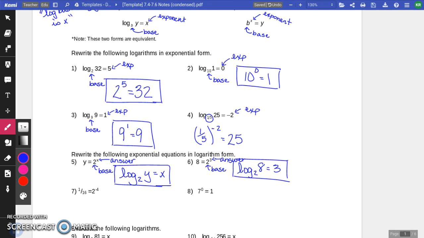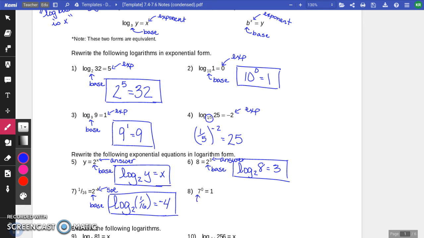Okay, then these next two. 1/16 equals 2 to the -4th power. Again, my base happens to be 2, so this is going to be log base 2 of 1/16 equals -4. So my base, and then that exponent becomes the solution to my logarithm.